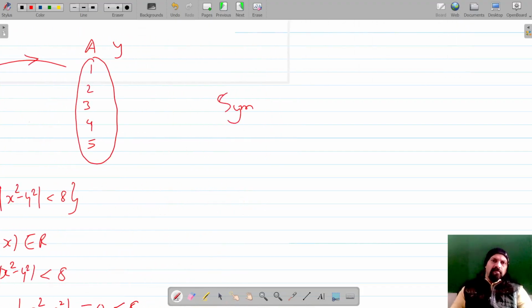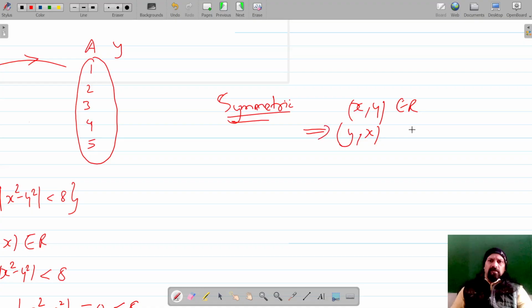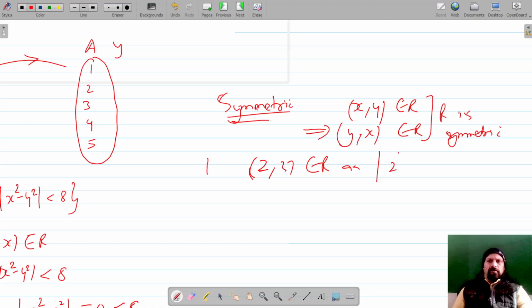Okay, now let's check it for symmetric. We know that a relation is symmetric when an ordered pair is in relation, and if we change the order of the elements, it's also in relation. Then we can say that R is symmetric. So let's consider a pair, say (2, 3). (2, 3) is in relation because 2² − 3² = 4 − 9 = −5, whose modulus is 5, which is less than 8.